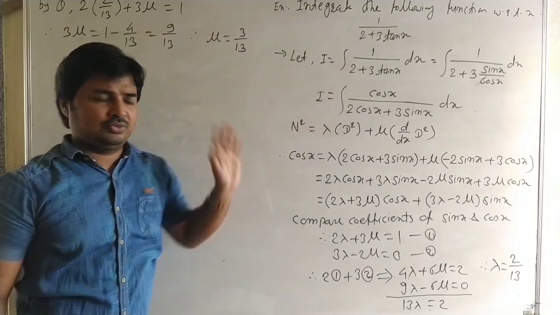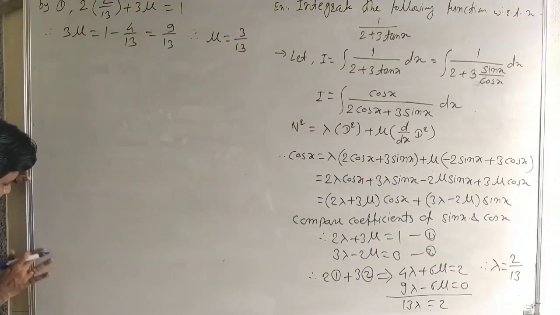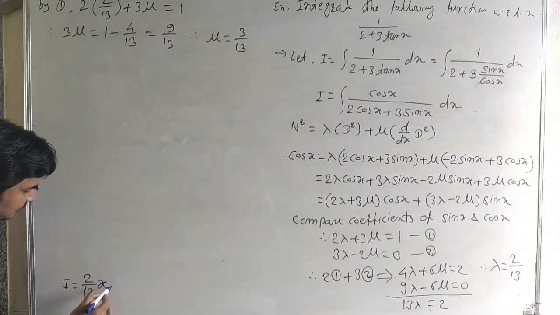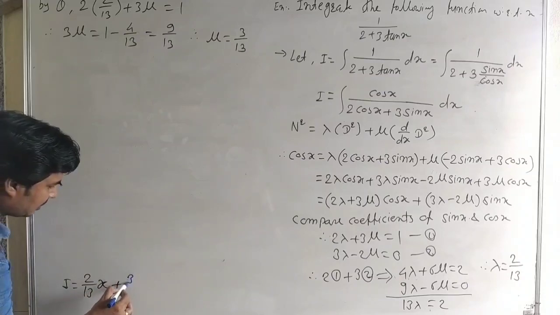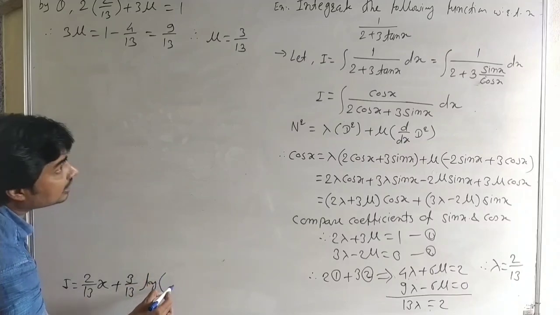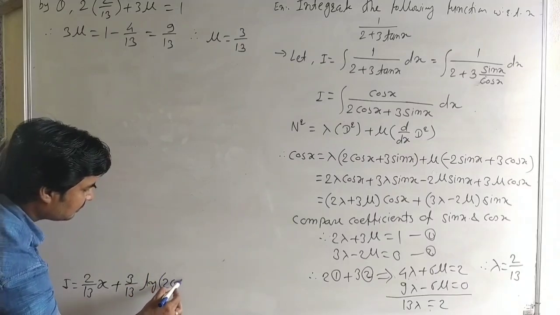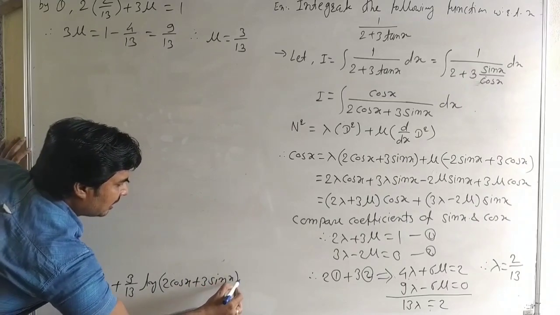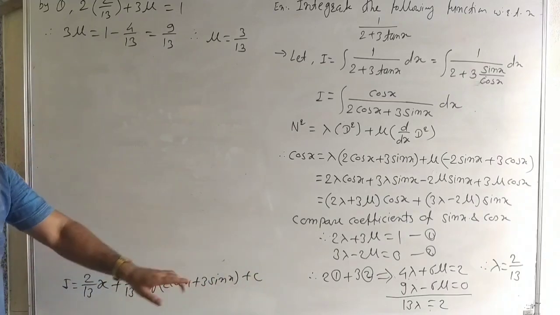We can directly write the integral as 2 by 13 x plus 3 by 13 into log of the denominator, 2 cos x plus 3 sin x, plus c.